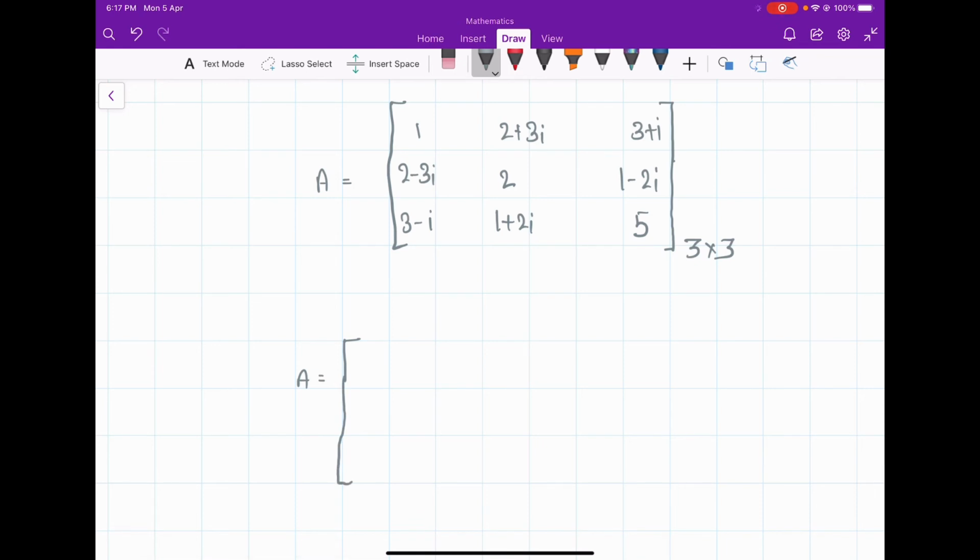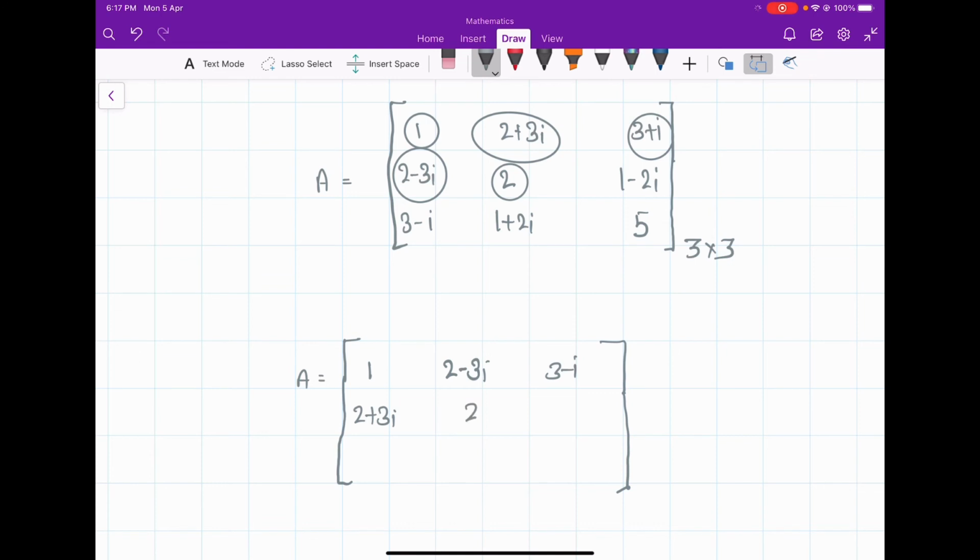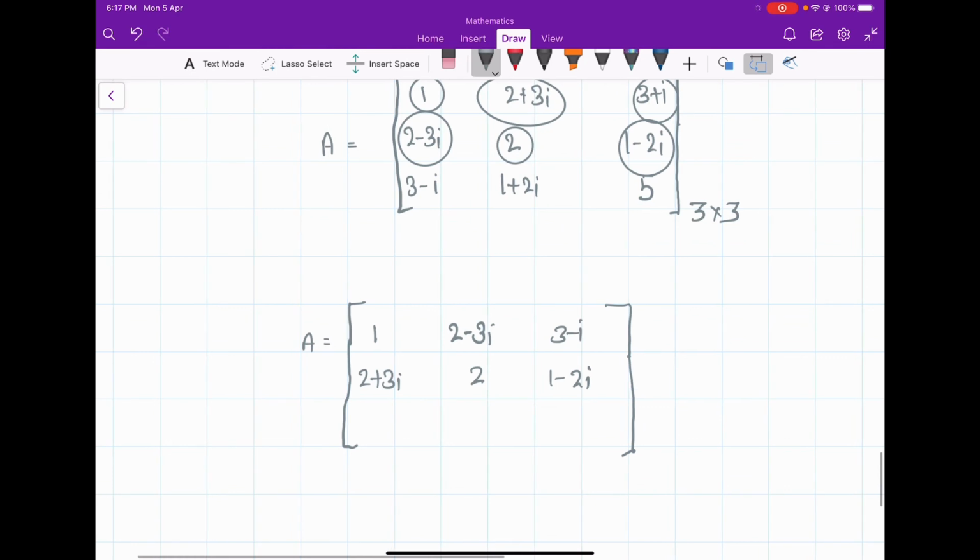So the complex conjugate of 1 will be 1, the complex conjugate of 2 plus 3i will be 2 minus 3i, where you replace i by minus i. Next, 3 plus i becomes 3 minus i. Then 2 minus 3i becomes 2 plus 3i, next is 2, then 1 minus 2i becomes 1 plus 2i.